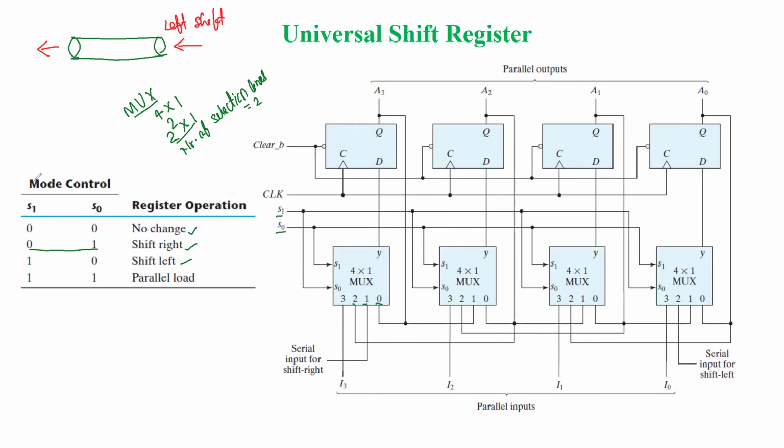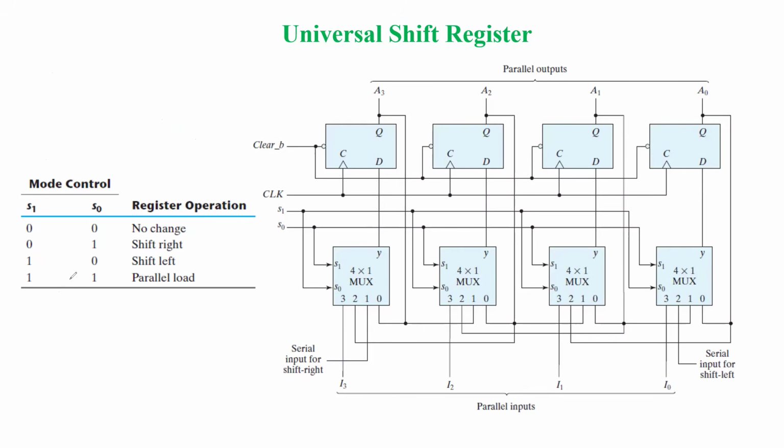Similarly, if you pour the water from the left side, finally we'll get water from the right side. That will perform the right shift. On the basis of this, we are going to see how the universal shift register performs the different types of shifting.